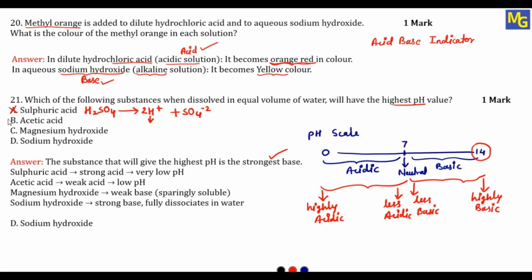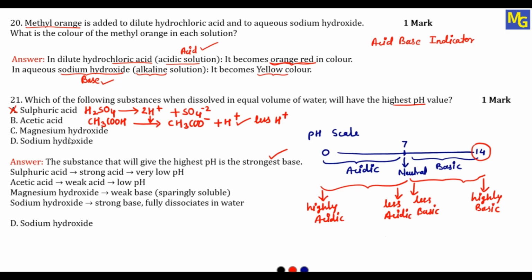If you see acetic acid, the formula is CH3COOH. When it is added in water, it will also split to give CH3COO- and H+. But because it is a weak acid, not all CH3COOH molecules will split to give H+, meaning you will have less H+, and because of less H+, it will be a weak acid.